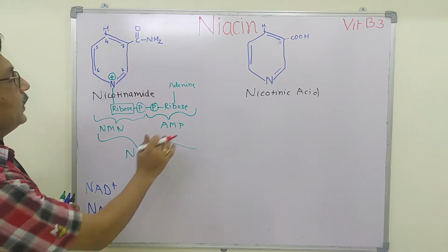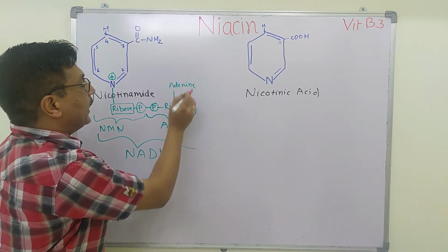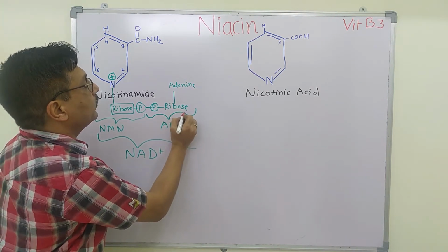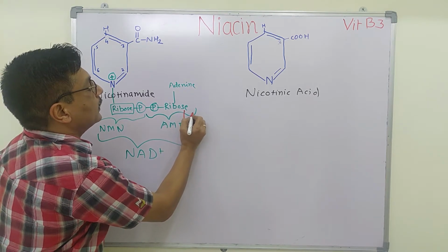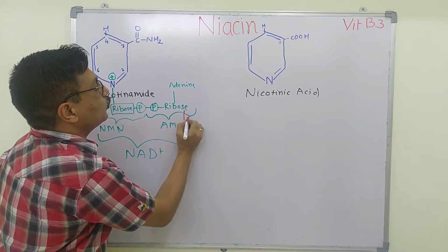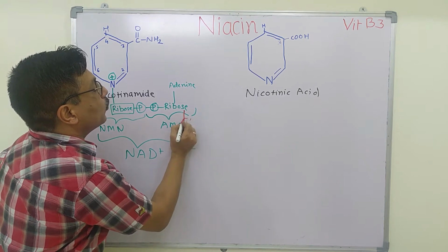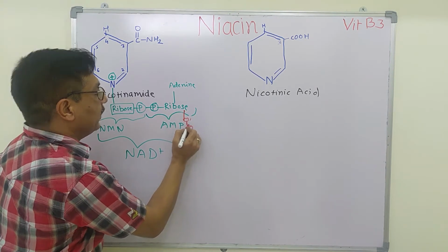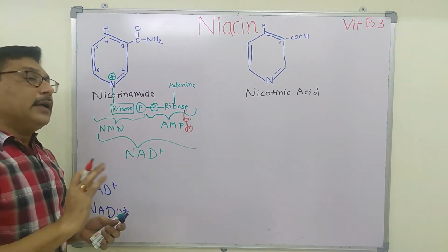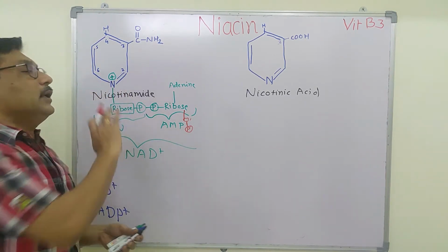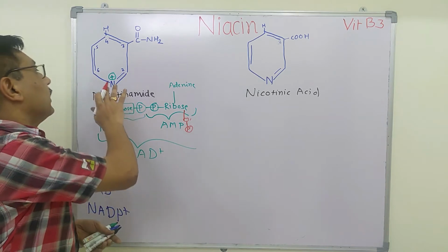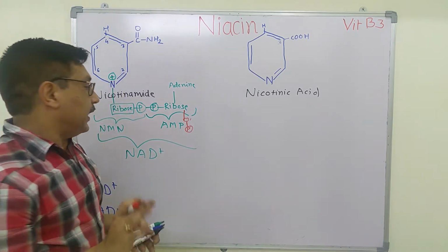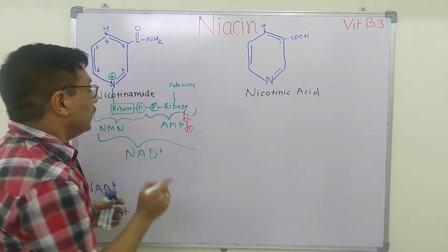In case of NADP, the 2' OH group present at the 2' position of the ribose of the adenine, that is this AMP moiety, is phosphorylated to form NADP plus. In oxidized state, as nitrogen is in quaternary structure, it bears positive charge and we write NAD plus or NADP plus.